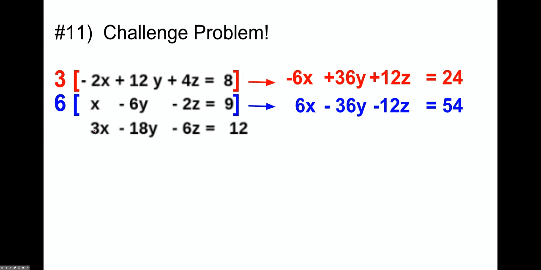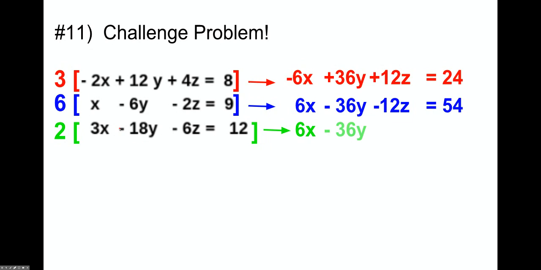Last equation. Again, we're going after sixes. 3 times what gives you 6? 3 times 2 gives you 6. So let's multiply by 2. What's 2 times 3x? Well, 2 times 3 is 6. So it's 6x. What's 2 times negative 18? Feel free to get a calculator. 2 times 18 is 36.